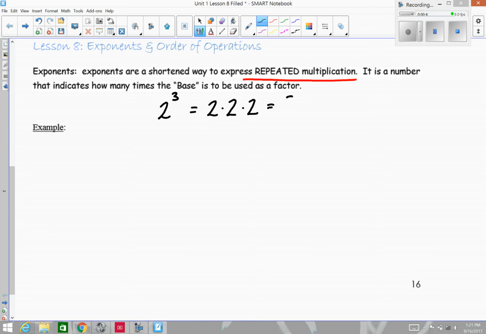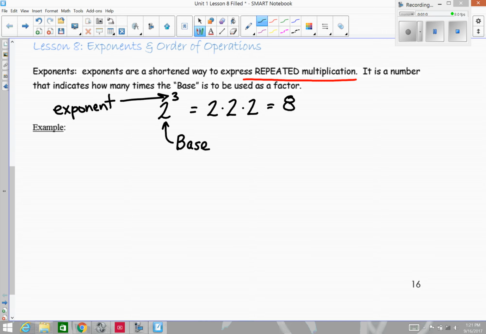That will give us a value of 8. And we need to remember that 2 is our base. That's the number that's being repeatedly multiplied, and 3 is our exponent. It tells us how many times we are going to multiply that base by itself.